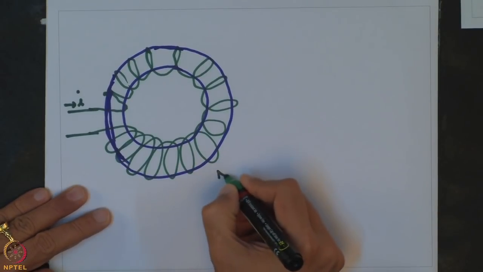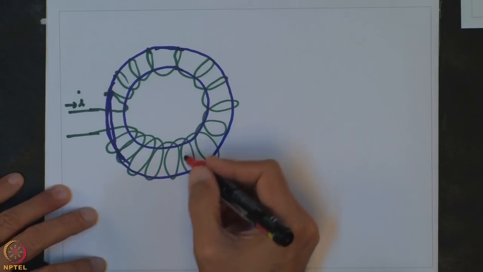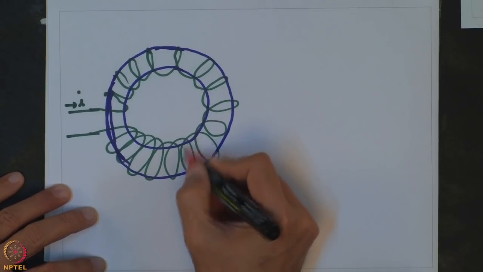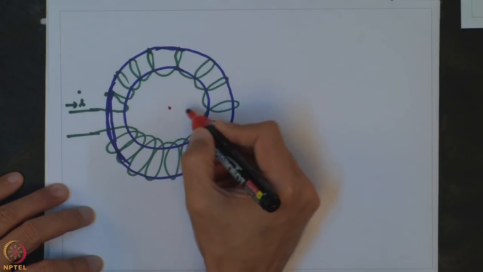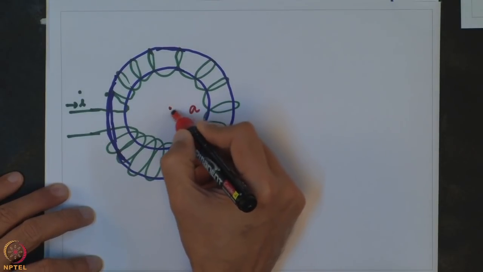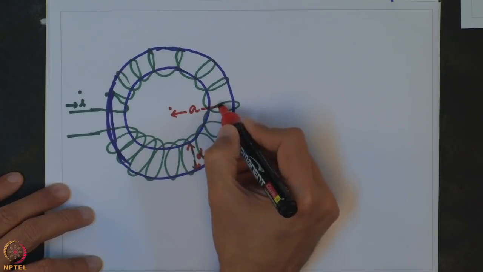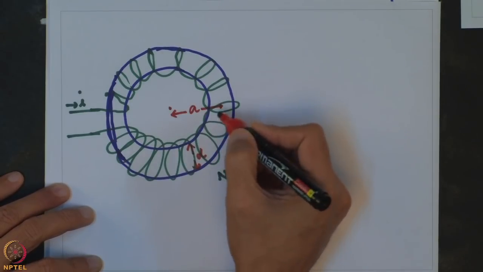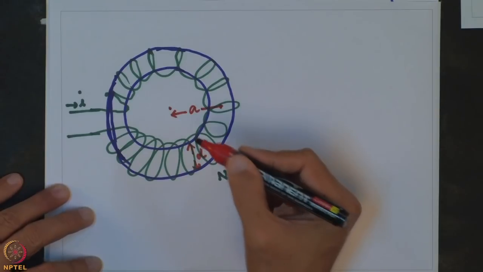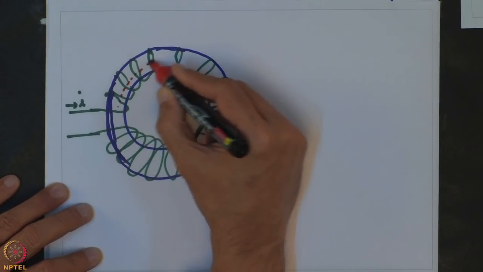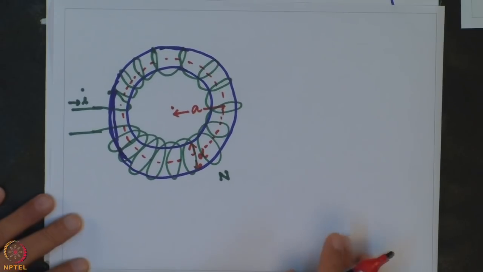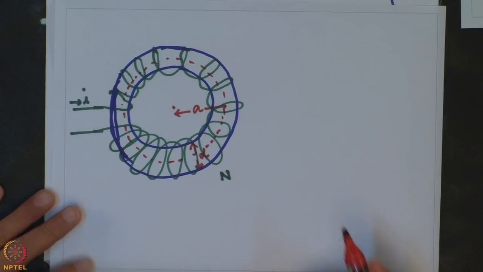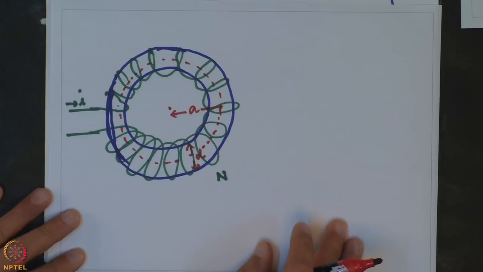There are N number of turns. The width of the cross section of this torus is d. The distance from the center of this torus to the midpoint of the cross section of the torus is a. The dotted red line represents the mean flux path inside the torus. This is the basic structure of an inductor.